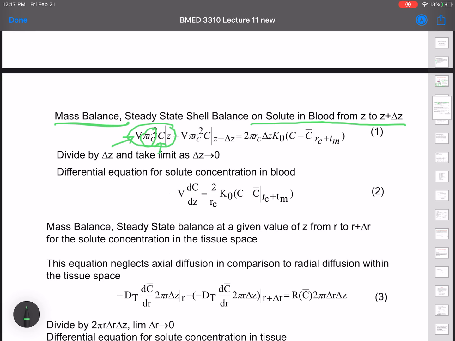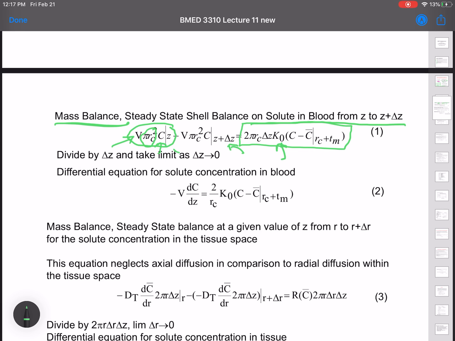That's in at Z, and this is out at Z plus delta Z. So input minus output, and this is the rate that it is exiting by means of convection. And where do you get that from?